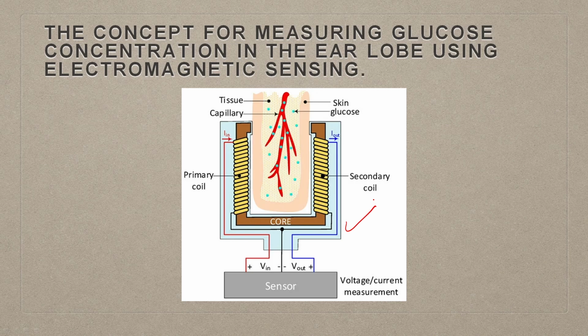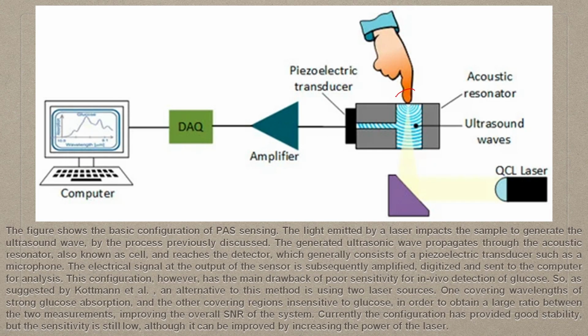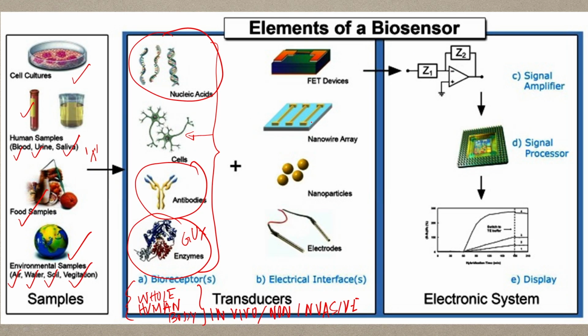Similarly, in photoacoustic spectroscopy you have a laser beam and ultrasound waves, and the changes are monitored using a piezoelectric transducer. If you look at all of them in the light of this picture, it will make perfect sense how these elements are being integrated.